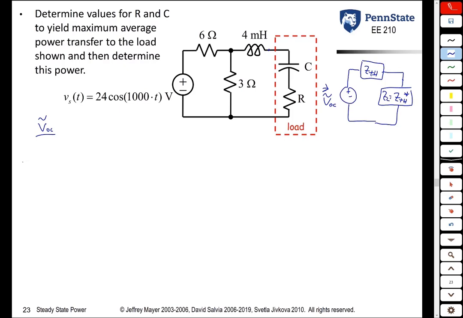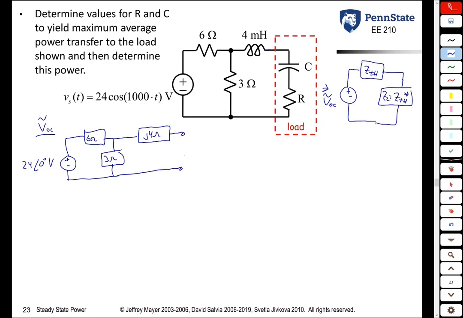Well, the source is 24 at an angle of 0 volts. The 6 ohm and 3 ohm resistors are unchanged. The 4 millihenry inductor in the phasor domain becomes what? j omega L or j4 ohms. So VOC phasor is what?